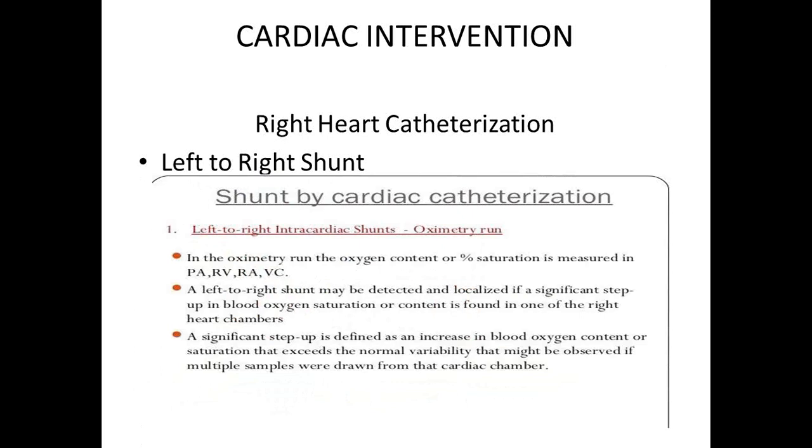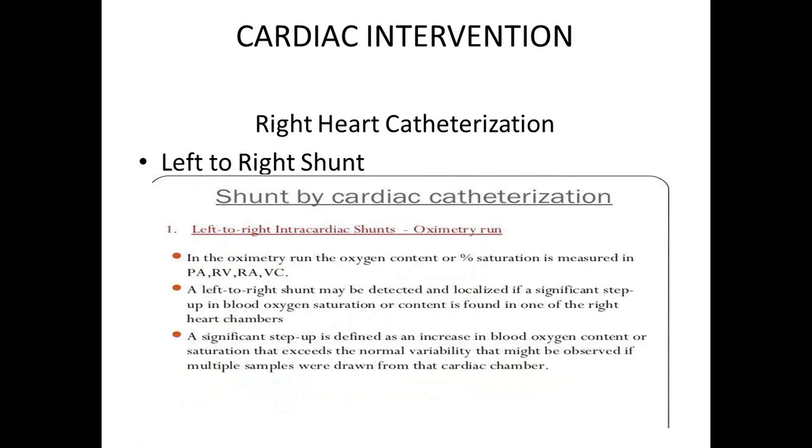So you want to do a high right atrium. You take a sample. So with your catheter in the atrium, you make your catheter lie in the atrium, and you get a blood sample and send it to the lab, and they'll give you oxygen saturation.